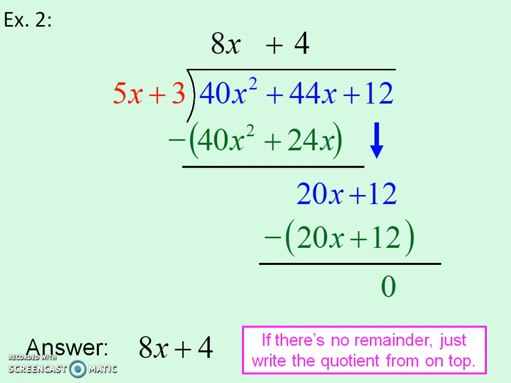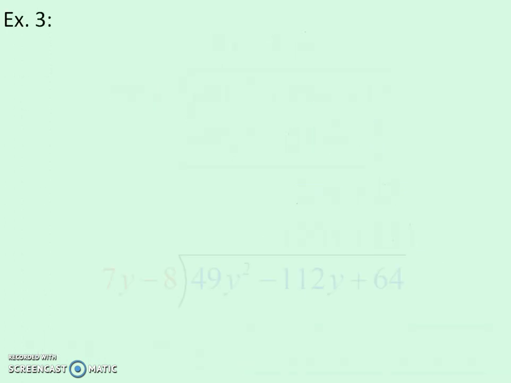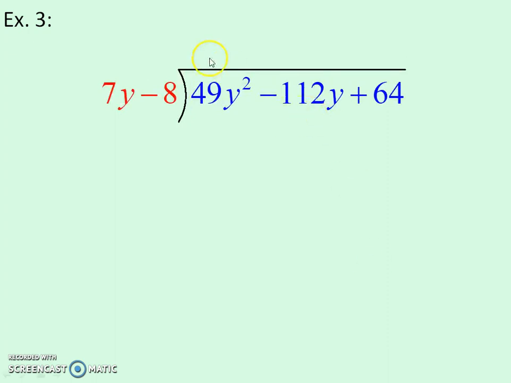Finally, I'll show you one last one that has some negatives in it. Highest power, 49y squared divided by 7y. I'll multiply by both of these. 7y times 7y, 7y times negative 8, and I'll subtract the whole thing. 49y squared minus 49y squared cancel out.